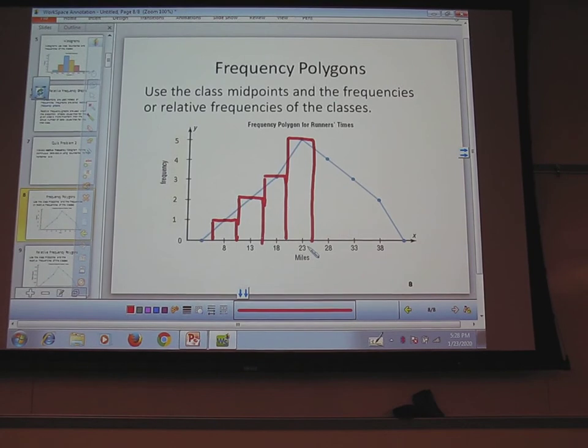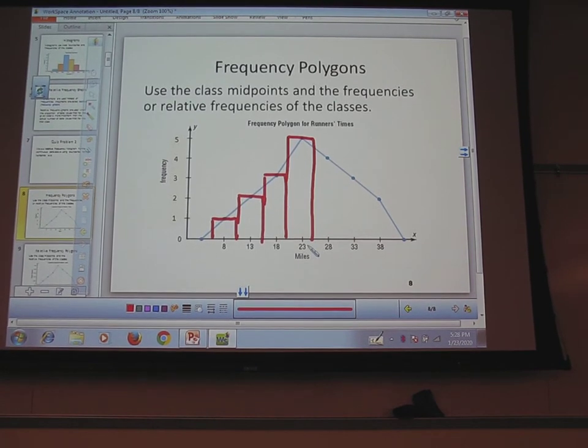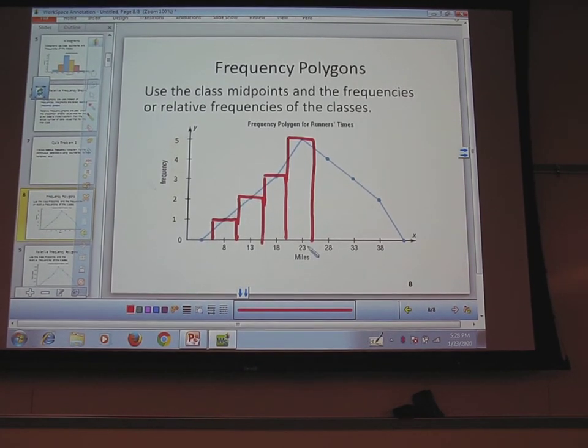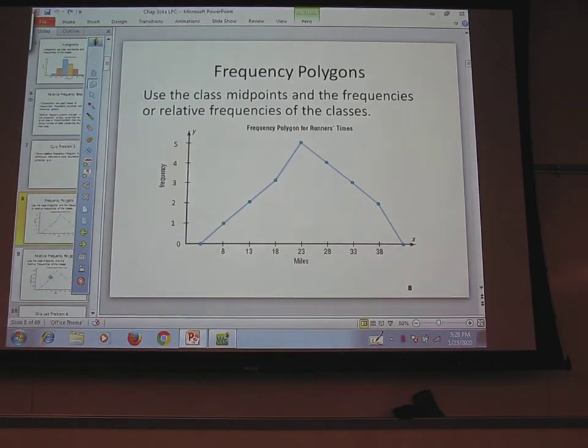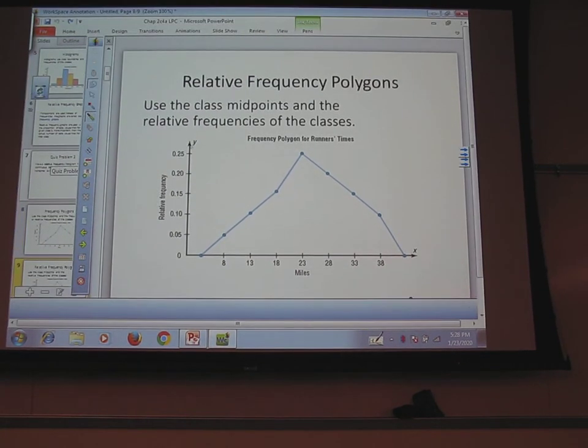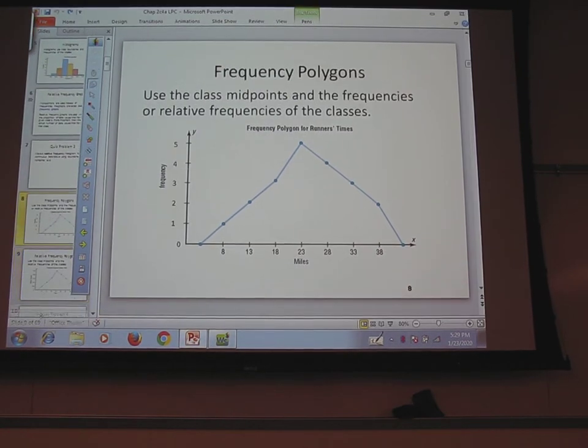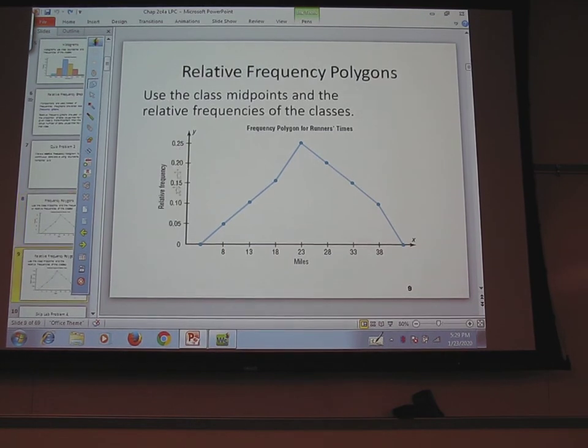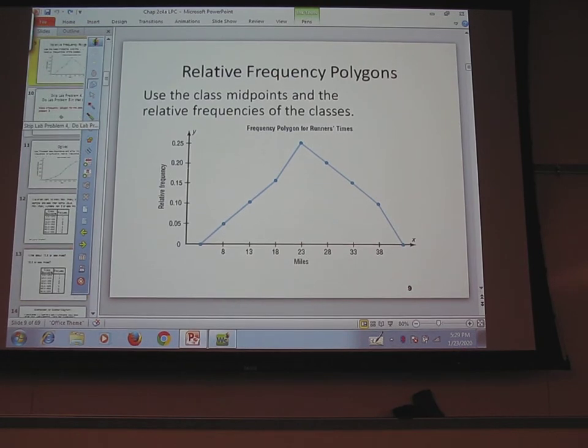They show the exact same information, just one's in a bar graph form and one's in a line form. There are also relative frequency polygons, which are the same, only they have the relative frequencies. We talked about that last class. The only thing that changes is the frequency numbers over here from numbers to decimals. So there's really no difference between them except for that.